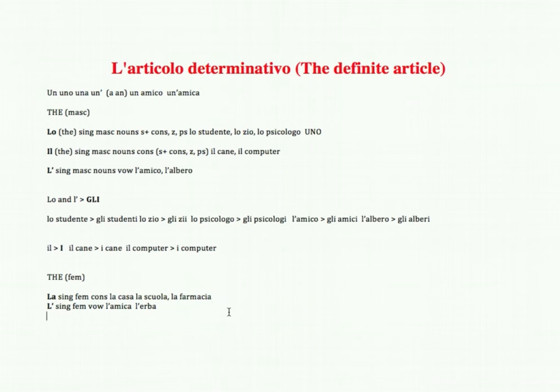Okay, at this point, the last thing that we have to cover is the plural of the feminine. So the plural is even easier because la and L apostrophe as a feminine, both of them become le in the plural. So if I take la casa, la scuola, and la farmacia, it will be easy to make the plural because la becomes le, and as you know, casa becomes case.